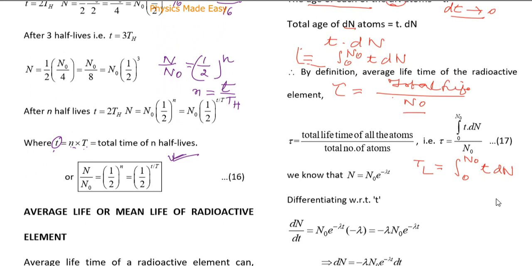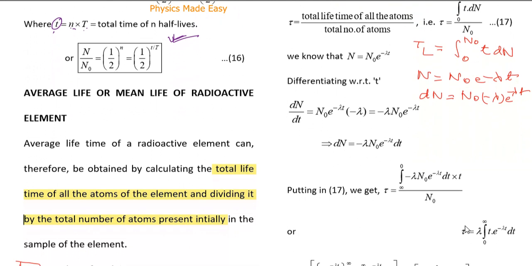Now we are well familiar with this formula, N is equal to N naught e raised to power minus lambda t. Now differentiating it with respect to t, this will be N naught into minus lambda into e raised to power minus lambda t.